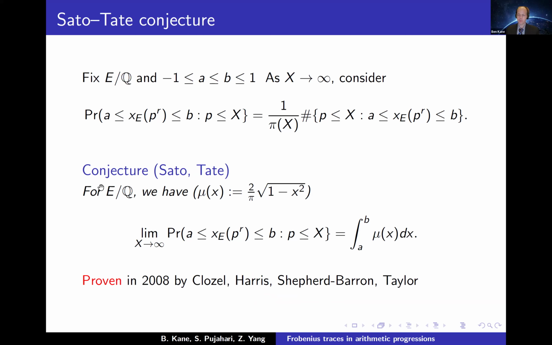This proof went through algebraic geometry. I'm not going to work in this direction, but I'm going to work on a related question. So I wanted to introduce this and then say how what I'm looking at is a little bit different. In their case, they fix an elliptic curve over the rationals, and then they vary the primes.